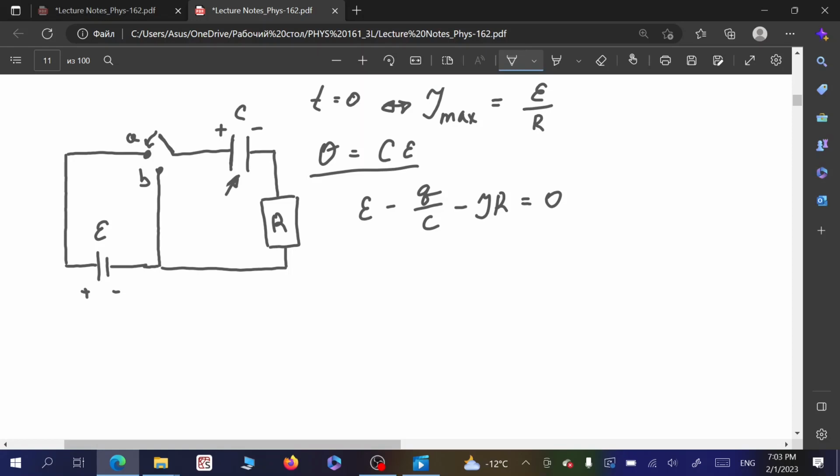And now let us express the current from this equation. It will be I equals epsilon over R minus Q over RC.